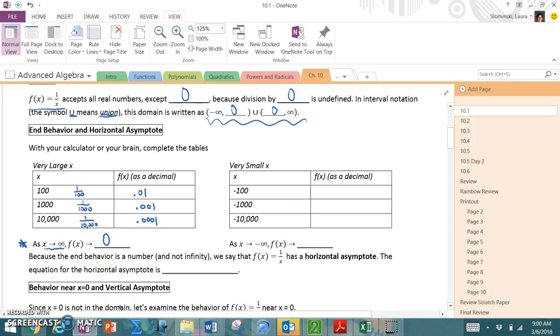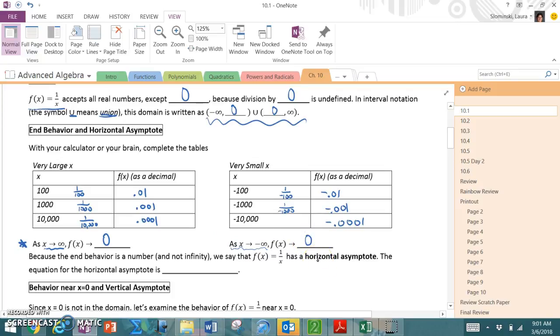Now we can think about x getting smaller and smaller, or going to negative infinity. If I go to 1 over negative 100, I get negative 0.01. If I do 1 over negative 1,000, I get negative 0.001, sorry. And 1 divided by negative 10,000 is negative 0.0001. So again, as x goes to negative infinity, f of x is also approaching 0.